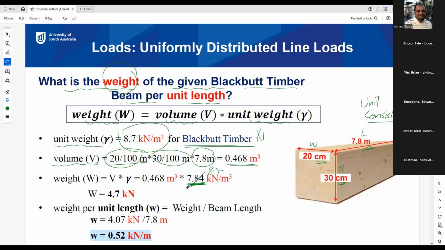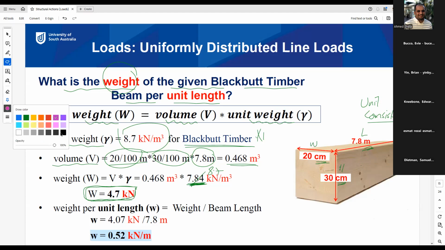So now after we find the volume 0.468 and the unit weight 8.7, the weight will be V times gamma, which gives us the total weight of this beam as 4.7 kilonewtons. Okay, this is the weight. The weight of the body is applied at the centroid of this object.